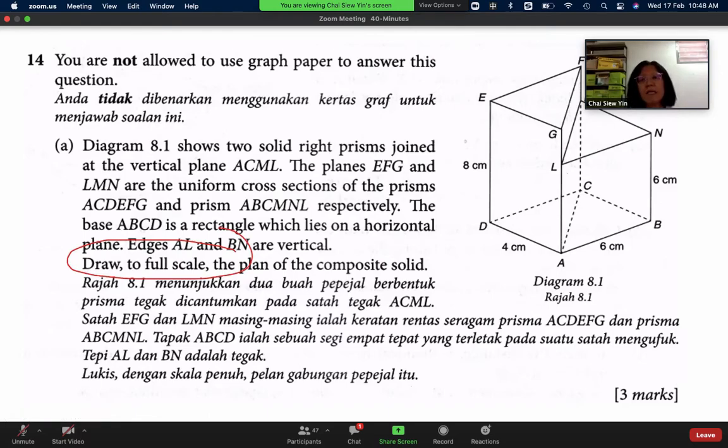Composite solid, that means this solid is combined together to make up this object that we need to find or to draw the plan. Yeah, and the plan of the composite solid, like what Mr. Ong has already taught in the class, the plan of the composite object or the solid is the direction that we see from the top.